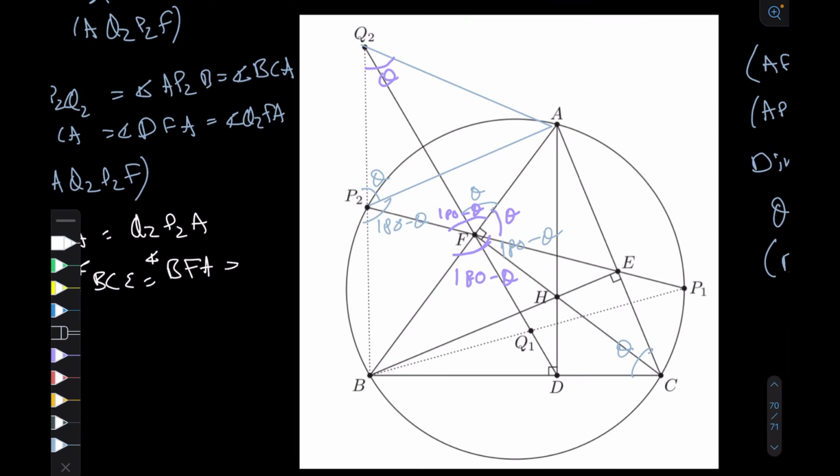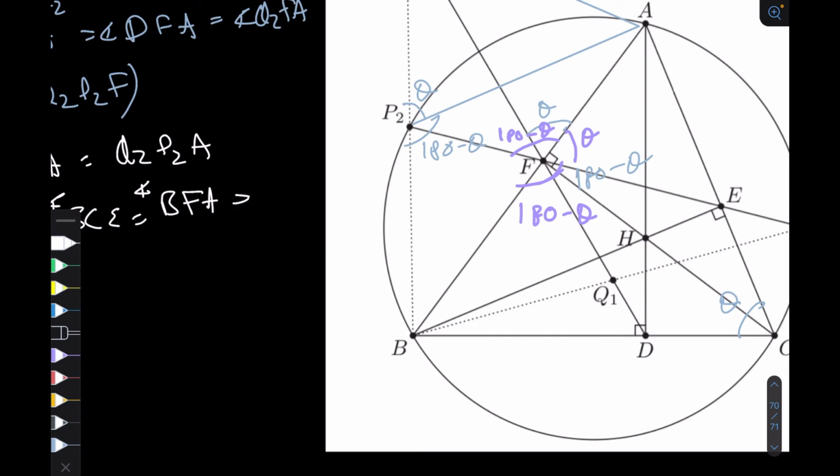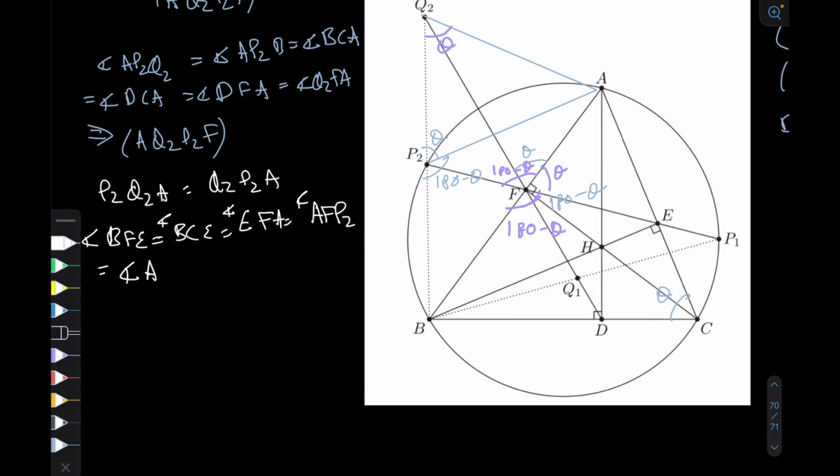So let me keep track of it here, that this is equal to EFA, that is this angle theta, which is equal to AFP2, and which must be equal to AQ2P2, simply because they are cyclic quadrilateral.